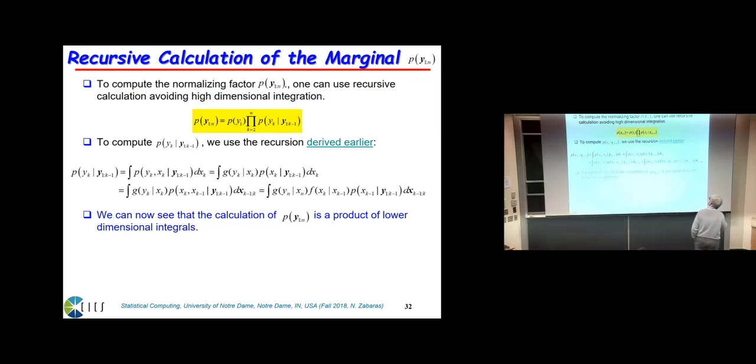So to calculate the marginal, you don't have to integrate all the states out. You can do it with all these products, where each of the terms involves integration in two variables. Really nice. Which means that calculating this probability at n equal to 5 or n equal to 1,000 doesn't take more cost. It's always two-dimensional integrals.